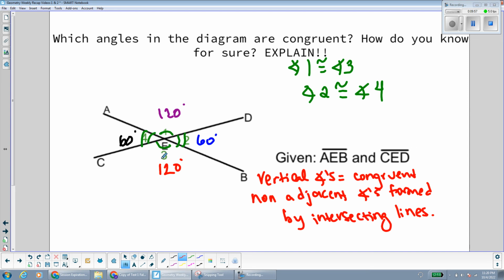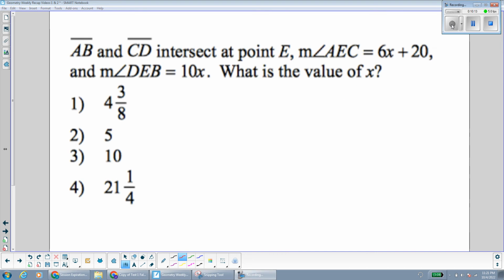And the nice thing about vertical angles is that vertical angles are always congruent no matter what. So when we see vertical angles in our diagram, we get really excited because we know for sure that they are always congruent to each other or equal in measure. You might want to take a second and pause the video and try to set up and solve the next one on your own.